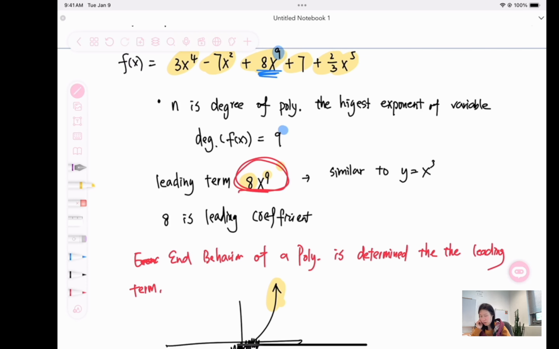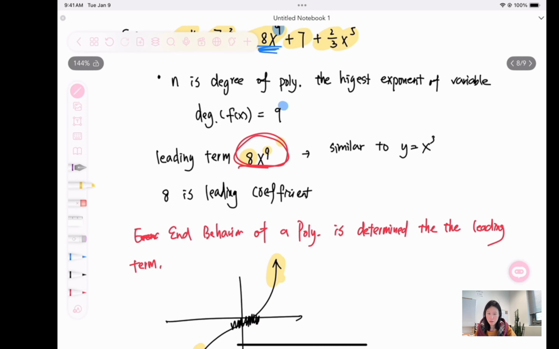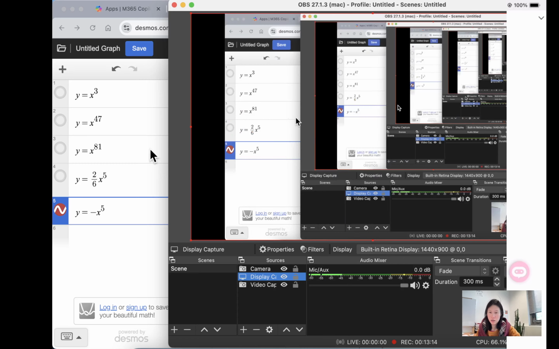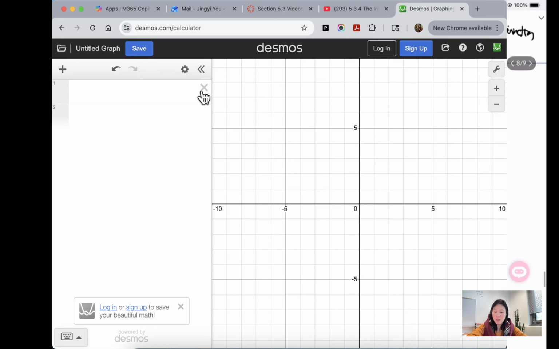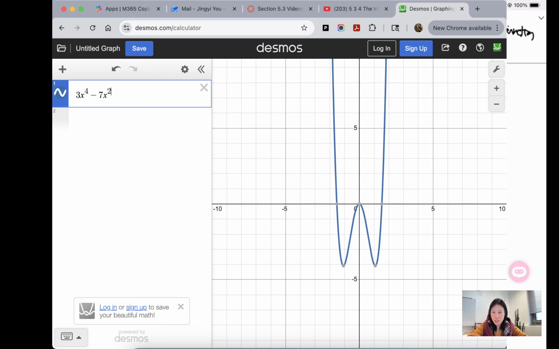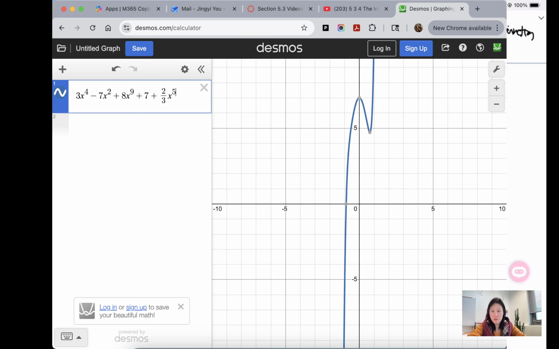Now, here is an example. Let's check the end behavior. What we have in our example is 3x to the 4th minus 7x squared plus 8x to the 9th plus 7 plus 2/3 x to the 5th.